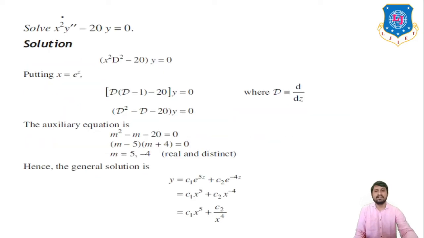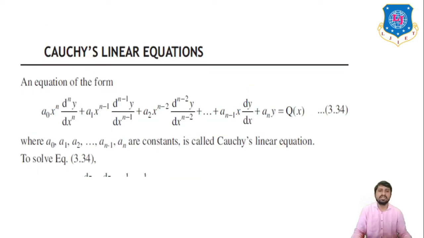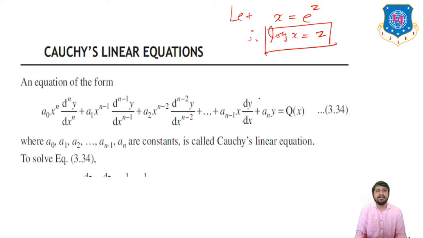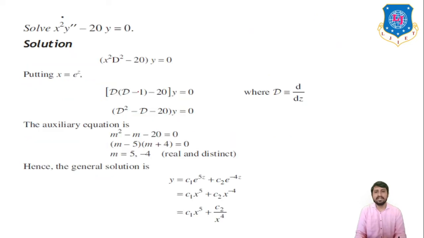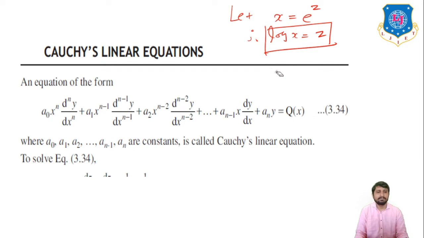Now, how can we solve this type of Cauchy linear equation? There is a method that you have to remember. First, we take x equal to e raised to z, so log x is equal to z. Try to understand x into dy by dx first.